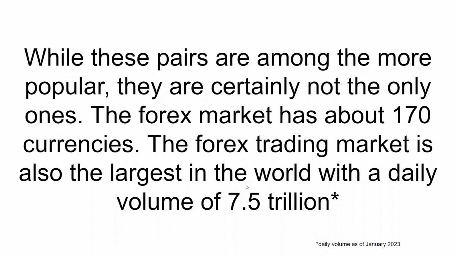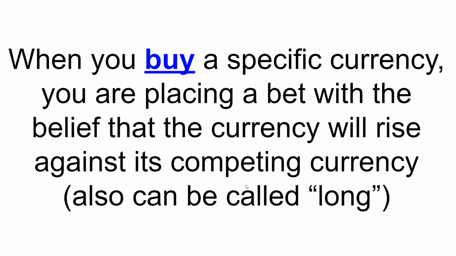Now, while these pairs are among the more popular, they are certainly not the only ones. The forex market has about 170 currencies that are traded. The forex trading market is also the largest in the world, with a daily trading volume of $7.5 trillion.